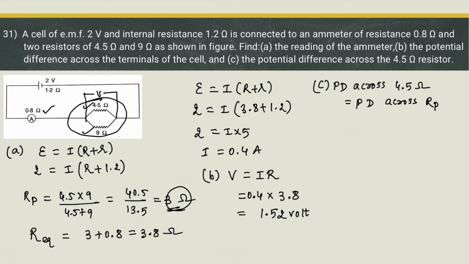Alright, 3 ohm. So PD across 4.5 ohm or PD across Rp will be the same. And to find out that PD across Rp, we can use the formula I Rp. Current is 0.4, Rp is 3. So 1.2 volt is the potential difference across the combination of 4.5 and 9. Or we can say same is the potential difference across only 4.5 or only 9 ohm.